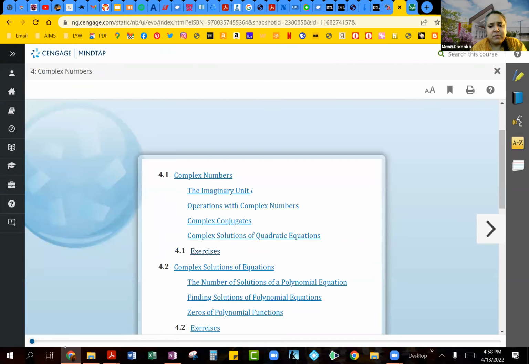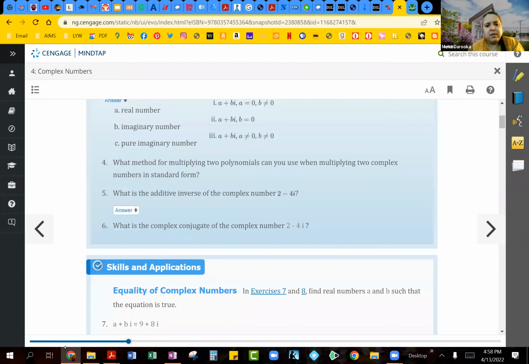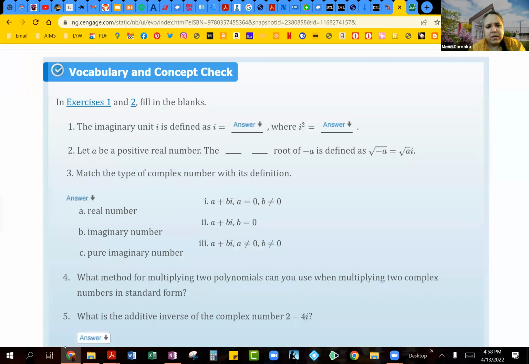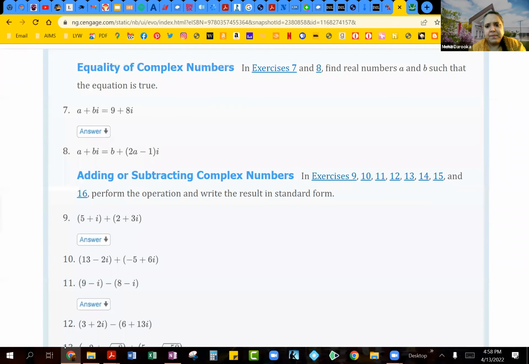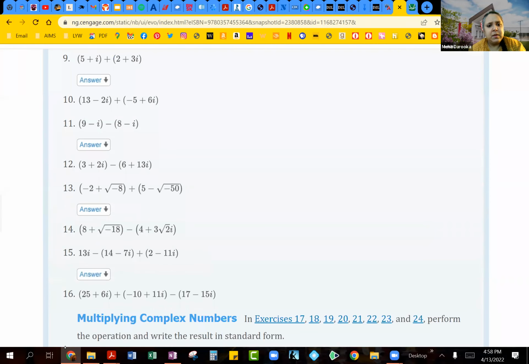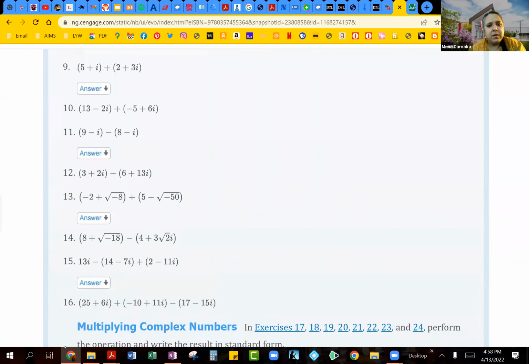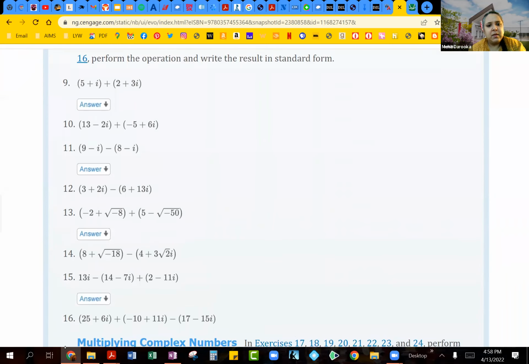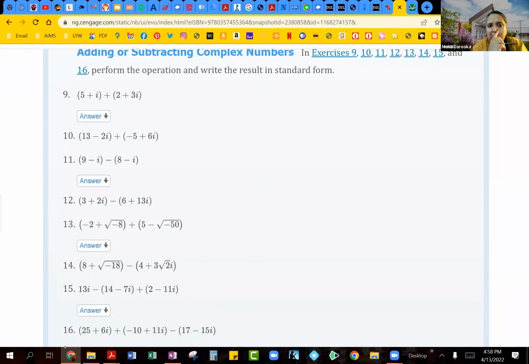There we go. So we'll keep it simple, and let's do 9 and 12.